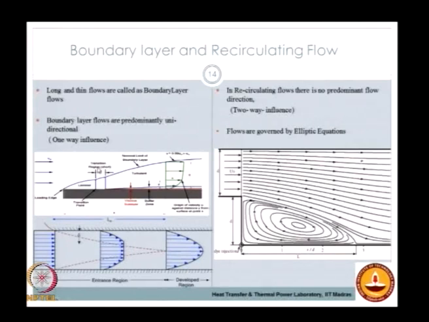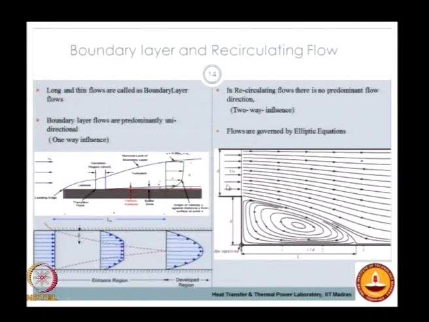However, in this case you can clearly separate the region where the viscous effects are dominant within the boundary layer, and outside the boundary layer where the viscous effects can be neglected and the flow can be treated as potential flow. So here the nature of the equations is that there is a one-way influence from the leading edge of the plate downstream, and these kind of equations are called parabolic equations, where predominantly unidirectional influence of the flow is seen, and these are called boundary layer kind of flows.